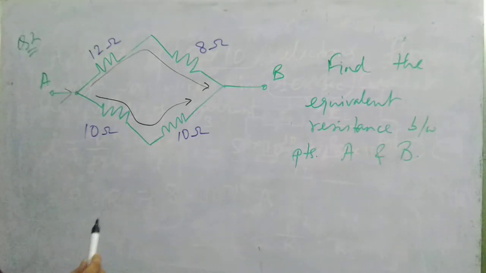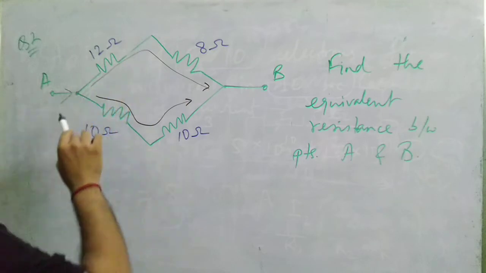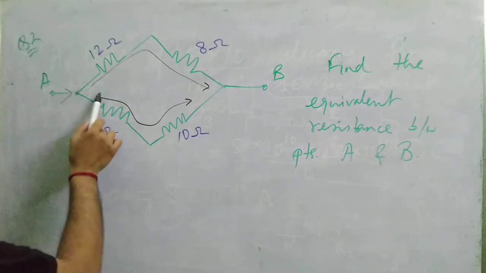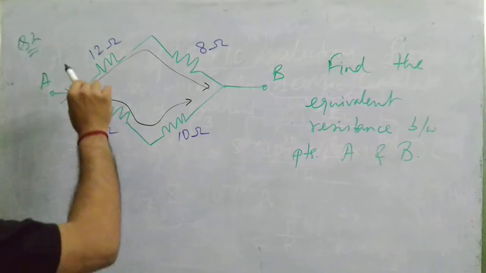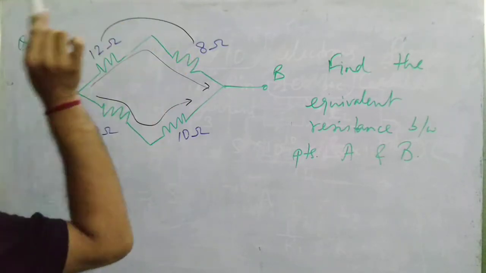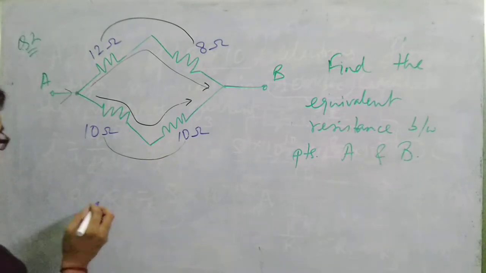So you can easily understand. I have said that when can you consider resistances to be in series? When the current does not get divided. When the current flows through this path, it does not get divided, it flows in one. And again, when the current flows through this path, it does not get divided. So I can easily consider these two resistances in series and these two resistances in series. So first of all let us solve that part.